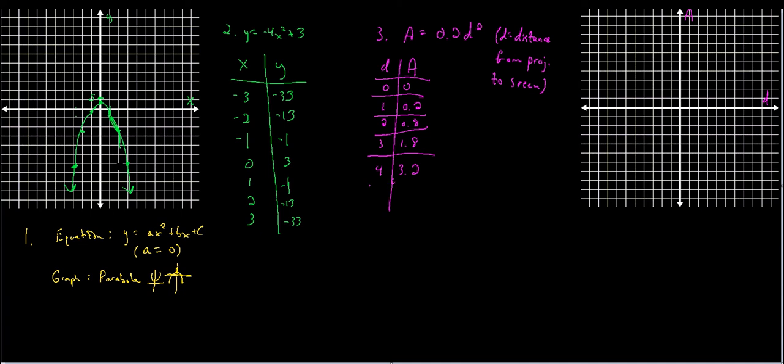And one more for good measure, 5 squared is 25 times 0.2 is going to be 5.